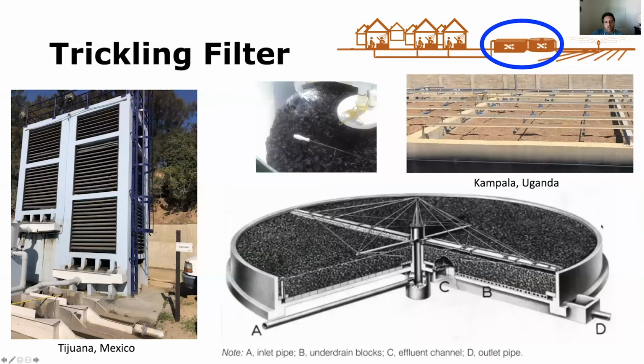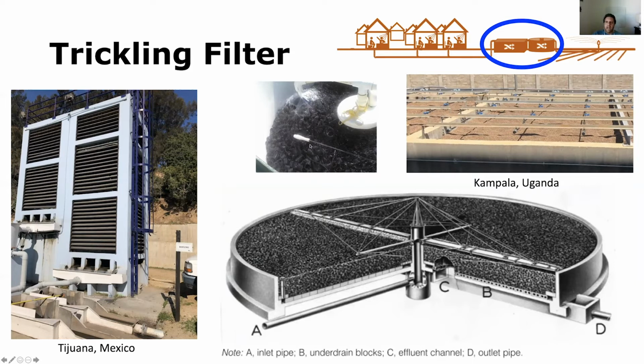Trickling filters are also another technology that are utilized in small towns and small cities and places outside of the United States. So here's an example of a trickling filter system at a demonstration plant in Tijuana, Mexico. You can see it's basically a large tower. Inside this tower, there's a bed of media. Again, the media could be stones, could be rock, could be some type of plastic media.